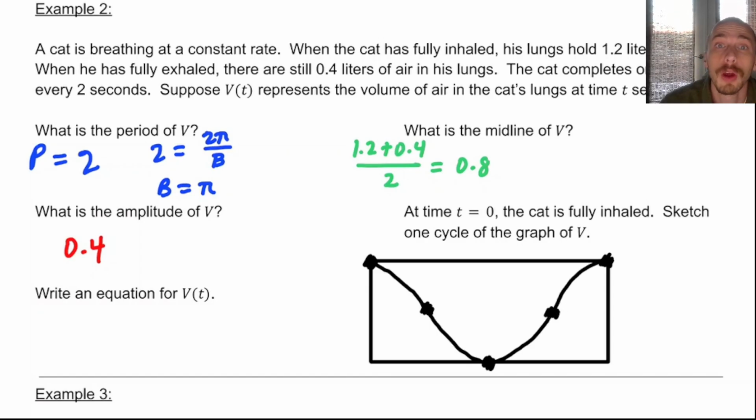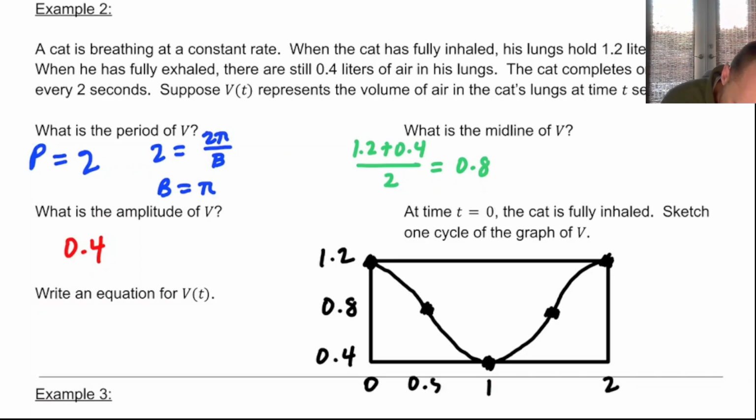Okay, this looks like the graph of positive cosine, right? Because it's starting at the maximum. I can label the midline with 0.8. If the amplitude was 0.4, I'm going up to 1.2 and down to 0.4, which makes a lot of sense because they told me the maximum was 1.2 and the minimum was 0.4. Okay, the period started at 0. We determined the period had length 2 seconds, so 1, 0.5, and 1.5.